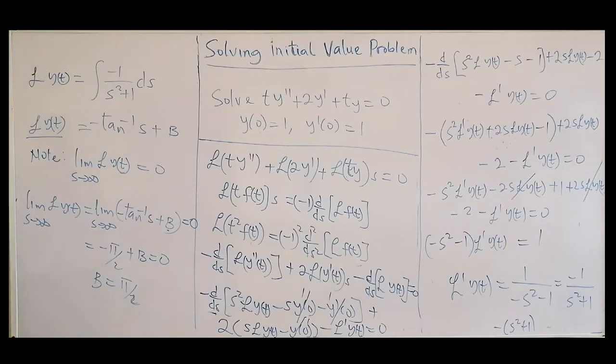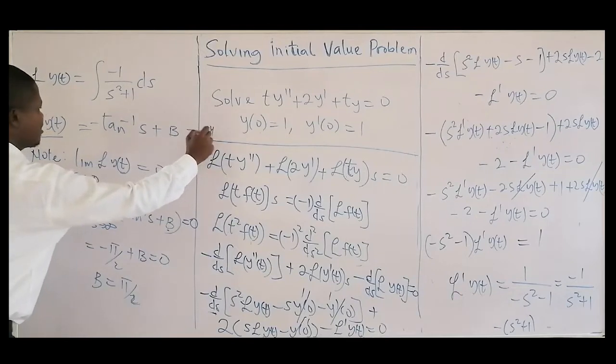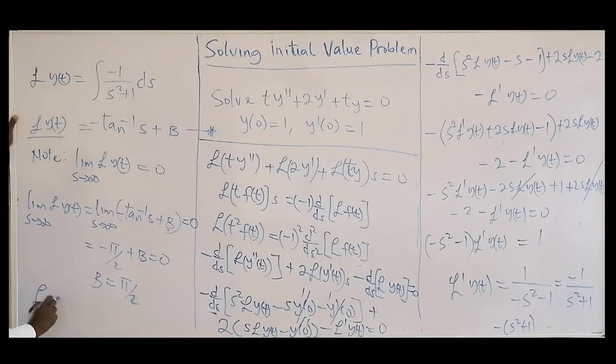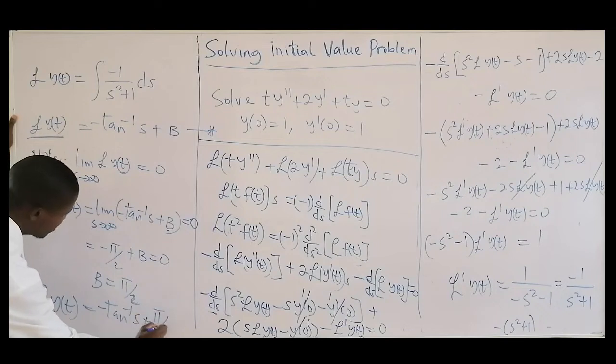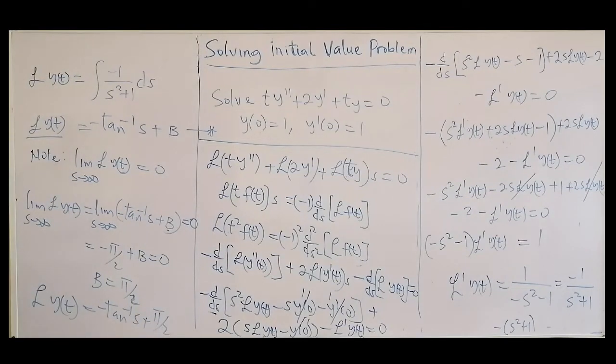So b is pi over 2. Once you get your b, you can come back here and have Laplace of y of t equal to minus arctan x plus pi over 2. We've not finished yet. We just got the Laplace. I just want to expatiate on this one more.